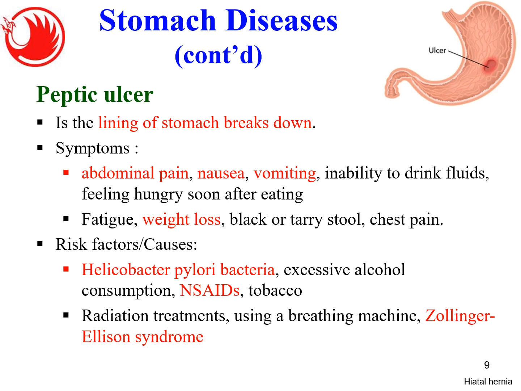Other risk factors include excessive alcohol consumption, and as usual the NSAIDs, which is the long-term use of non-steroidal anti-inflammatory drugs, and tobacco, meaning smoking. The next group will be radiation treatment, using a breathing machine, or Zollinger-Ellison syndrome. So these are the few high-risk groups for peptic ulcer.